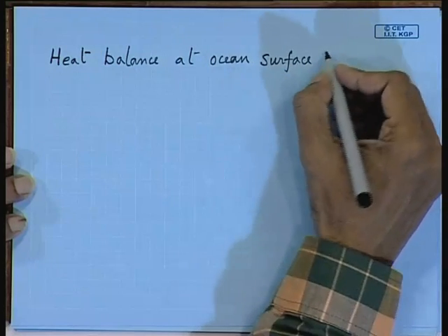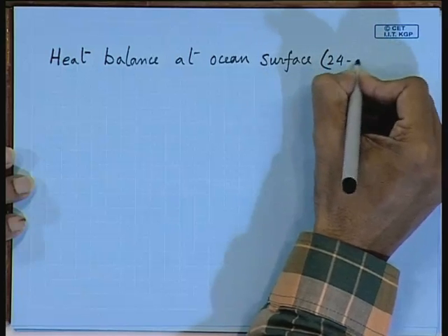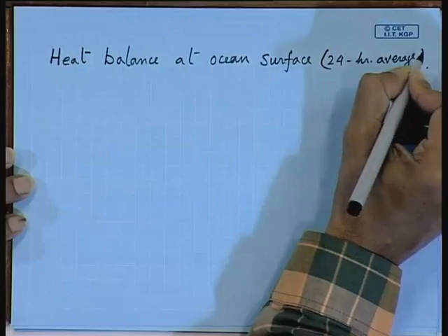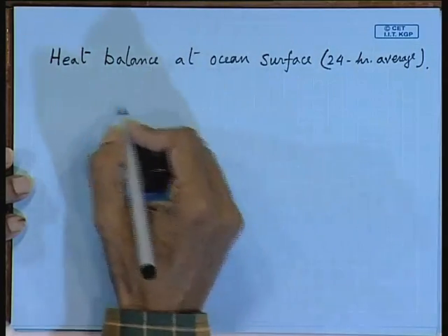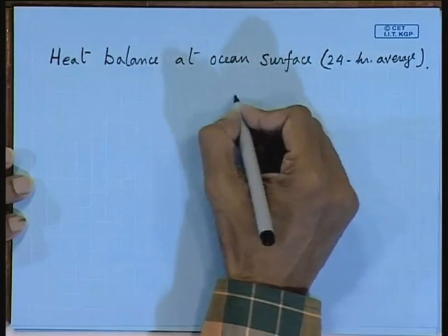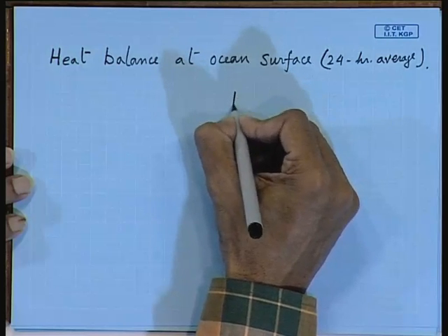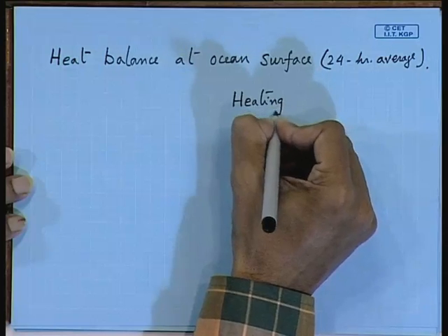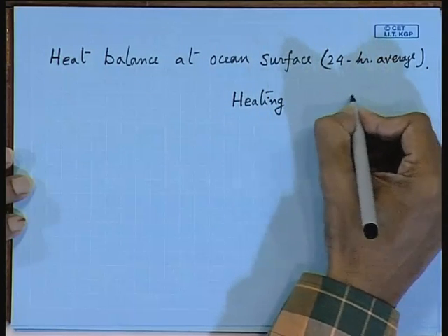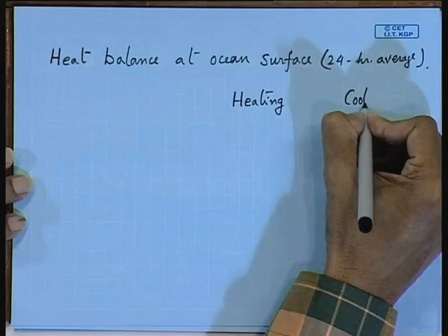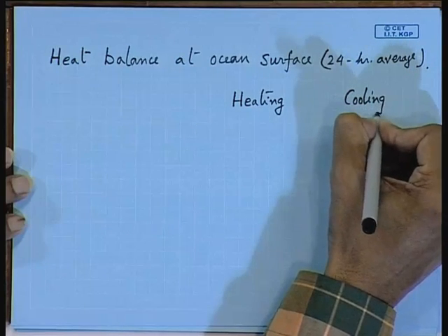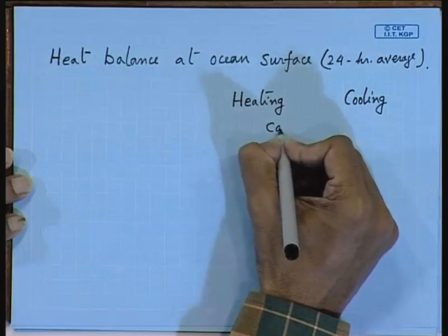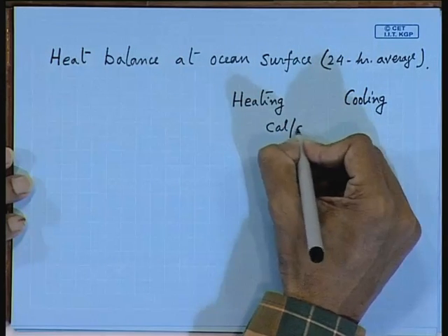Now, this is done on a 24-hour average. If you want to do a heat audit, you should have two columns, one for heating and the other for cooling. So, you do the heat balance. The units are in calories per centimeter square per minute.